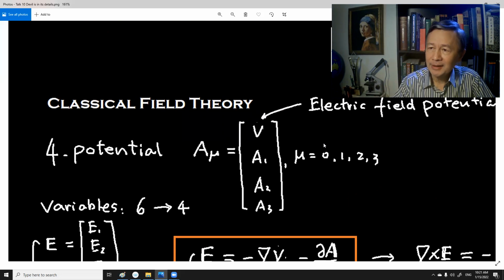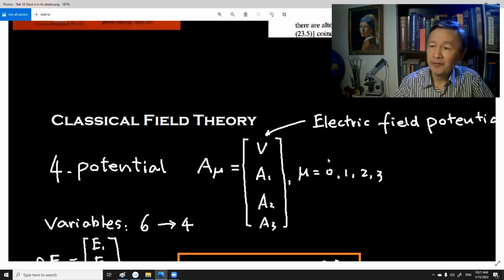The important thing in classical field theory is that a four-dimensional potential was introduced, called A, with subscript mu, which goes from 0 to 3. So it is a four-dimensional vector.